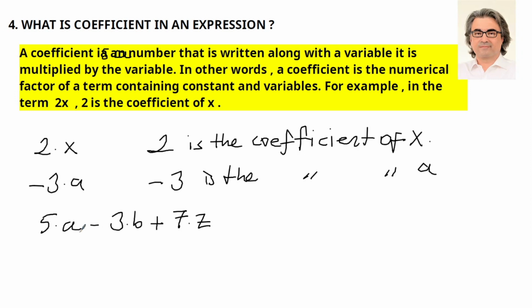What are the coefficients in this example? Now we have 3 terms. It means we have 3 coefficients. Here for the first term, 5 times a, 5 is the coefficient of a. So the first coefficient of this expression is 5.